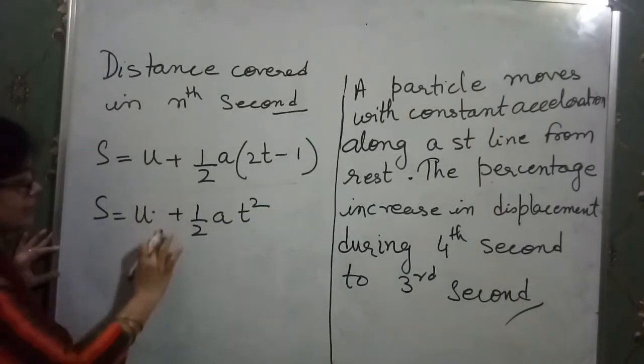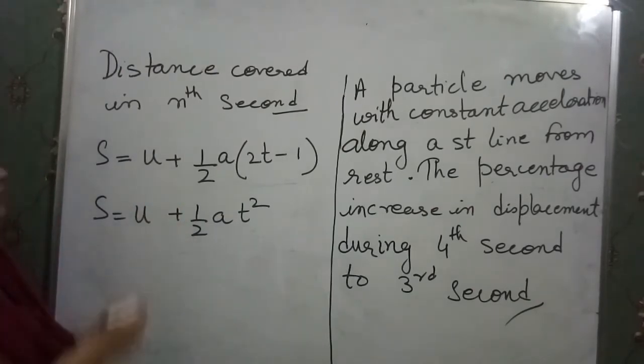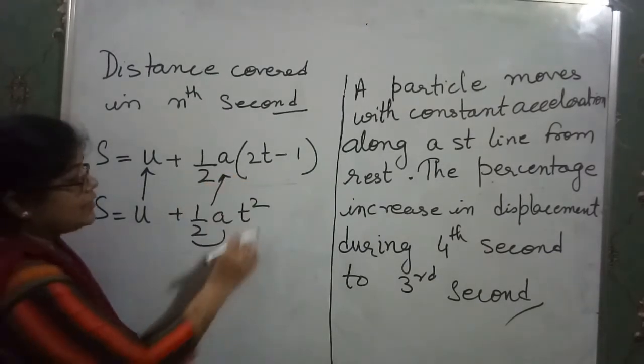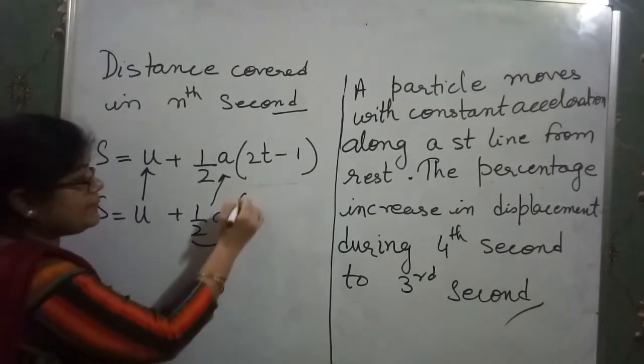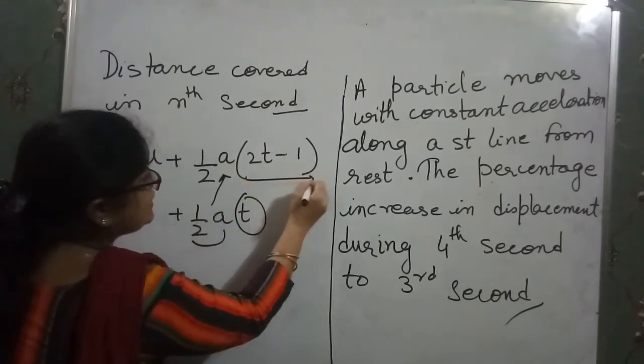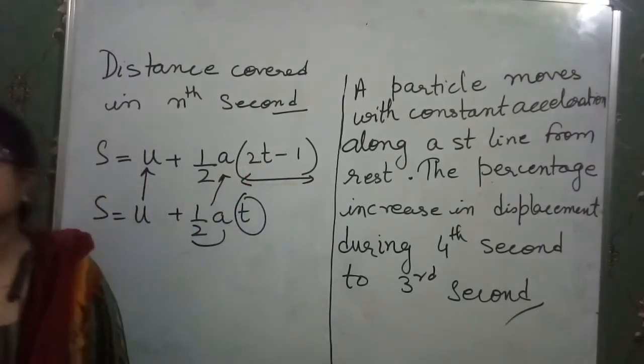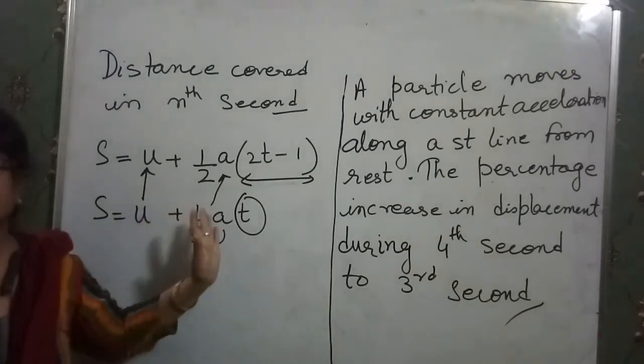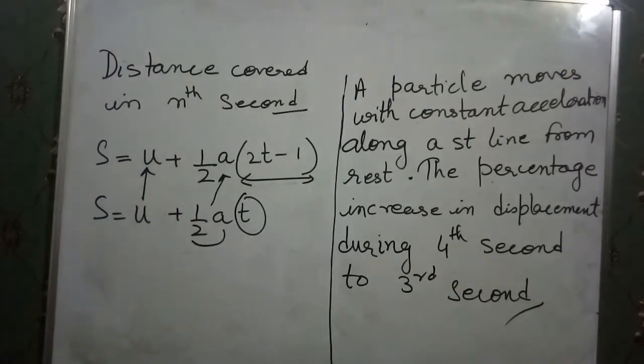Remove t from here, we got u. Clear? Half a we got here. Remove t from here, but in place of t, we write 2t minus 1. Clear? I think now you can easily memorize the formula. Now comes the question.